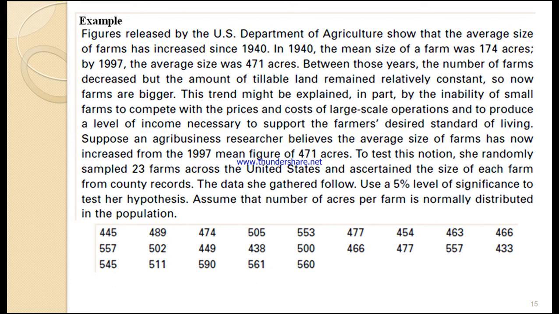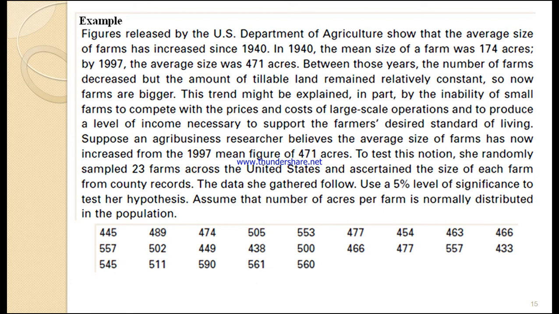Suppose an agribusiness researcher believes that the average size of farms has now increased from 1997 mean figure of 471. To test this notion, she randomly sampled 23 farms across USA and ascertained the size of each farm from country records.